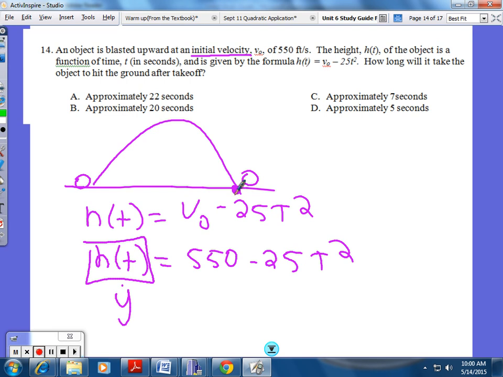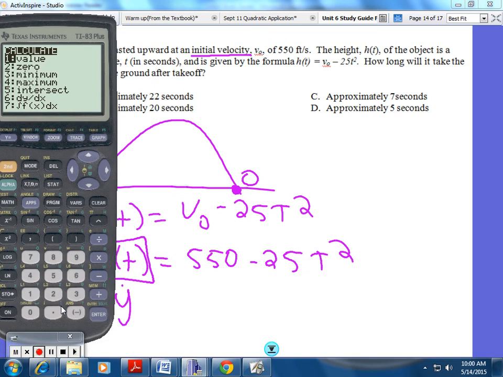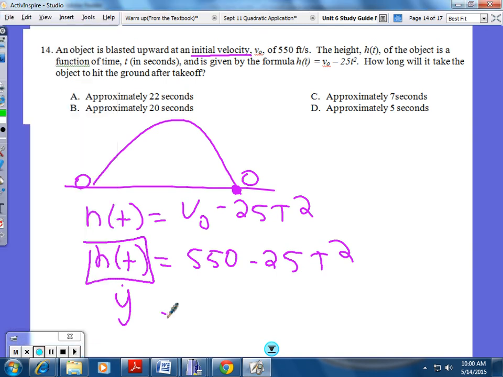Because when this ball comes down to earth, after a certain amount of time, the height's going to be 0, and that's what the zeros give us. So number 2, second trace, number 2, a negative 10 and a positive 10, enter, and that gives us the 0. It's been in the air 4.69 seconds, and that's when it hits the ground after that amount of time.